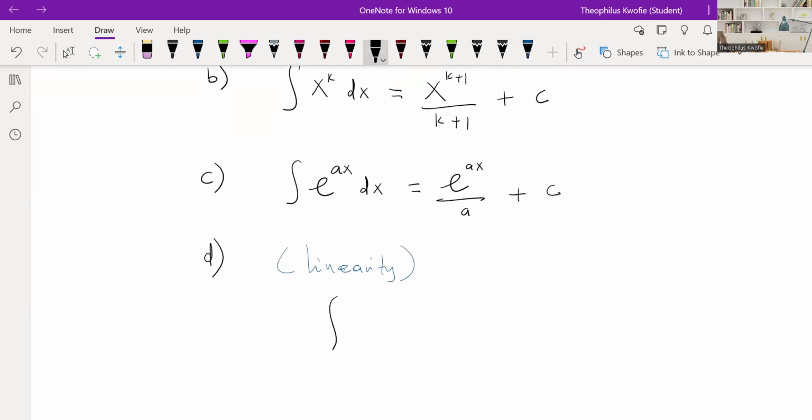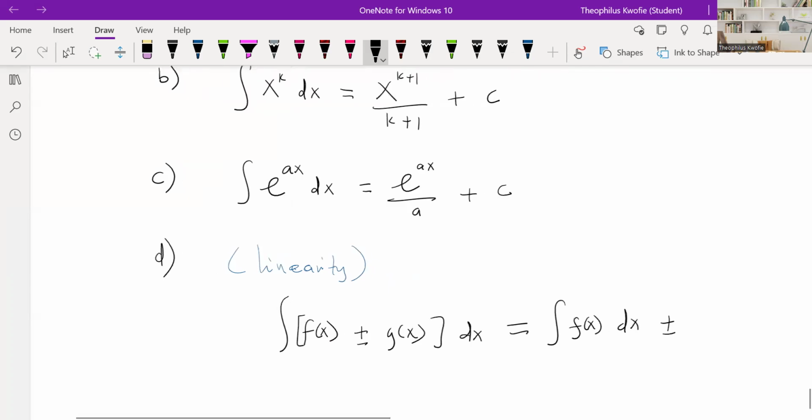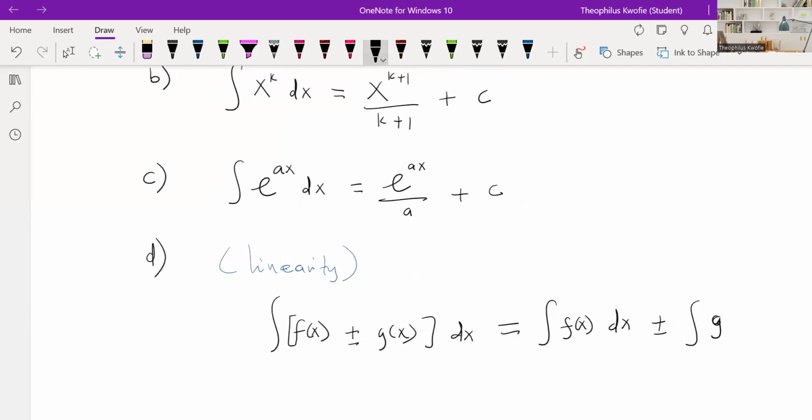We claim that if you have two functions f of x and g of x that are continuous functions, and we add or subtract them, when we take the integral, because of the linearity property, we have this interesting result.